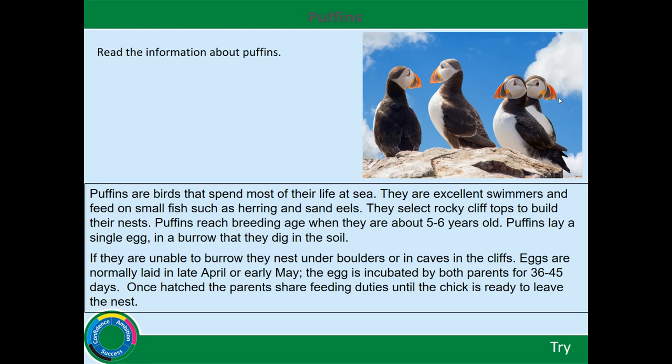If they are unable to burrow, they nest under boulders or in caves in the cliffs. Eggs are normally laid in late April or early May. The egg is incubated by both parents for 36 to 45 days. Once hatched, the parents share feeding duties until the chick is ready to leave the nest.